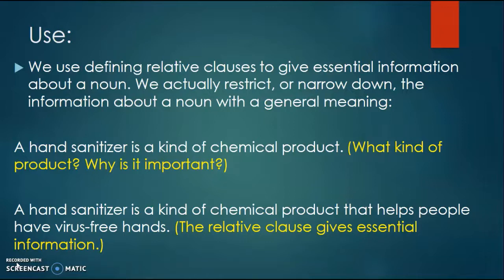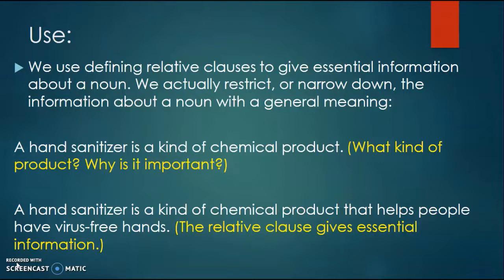Now let's take a look at the following sentences. A hand sanitizer is a kind of chemical product. In this sentence, the term chemical product is a little vague or ambiguous. It brings to mind questions like what kind of product or why is it important?